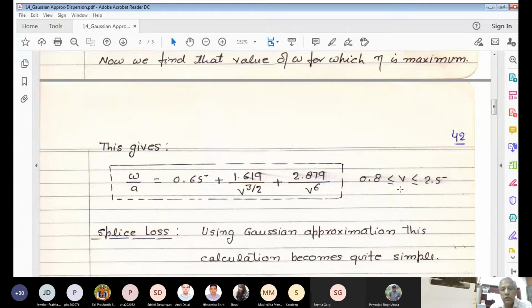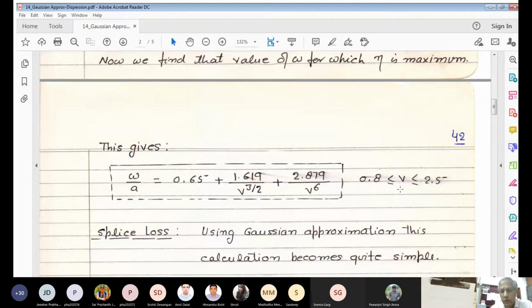So if you really want your fiber to work in the single mode region, and at the same time you want its V parameter to be as large as possible, we generally operate around V equal to 2.2, 2.3 or 2.1, but not very close to 2.4, right?